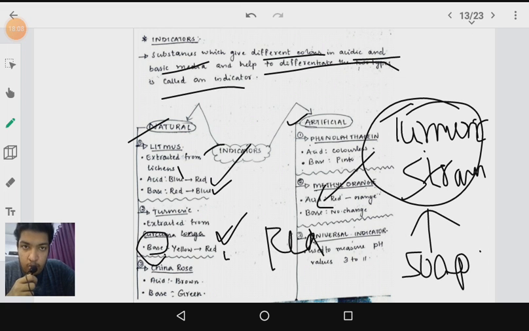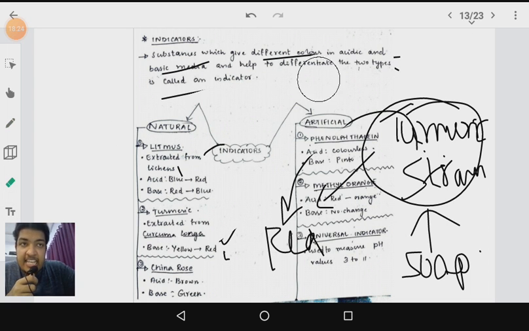Initially it was yellow and now it changes to red. So that shows that this is an indicator which indicates the presence of a base. It can only be used to change color when a base is present.